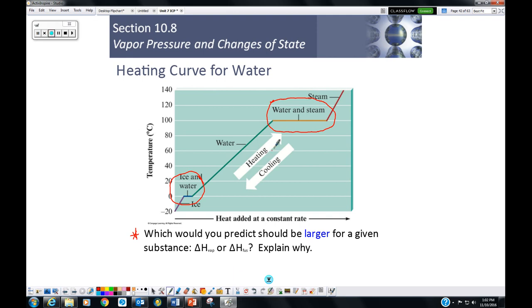All right, so delta H for vaporization. But why does it take more energy to go from a liquid to a gas than it does from a solid to a liquid?